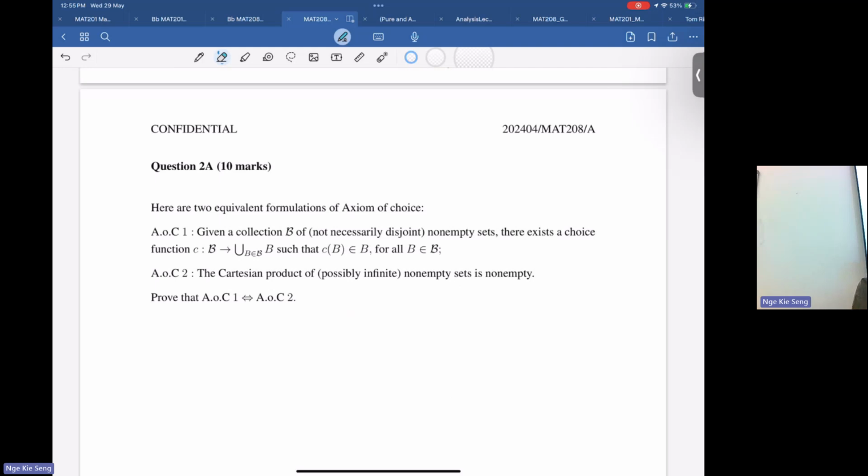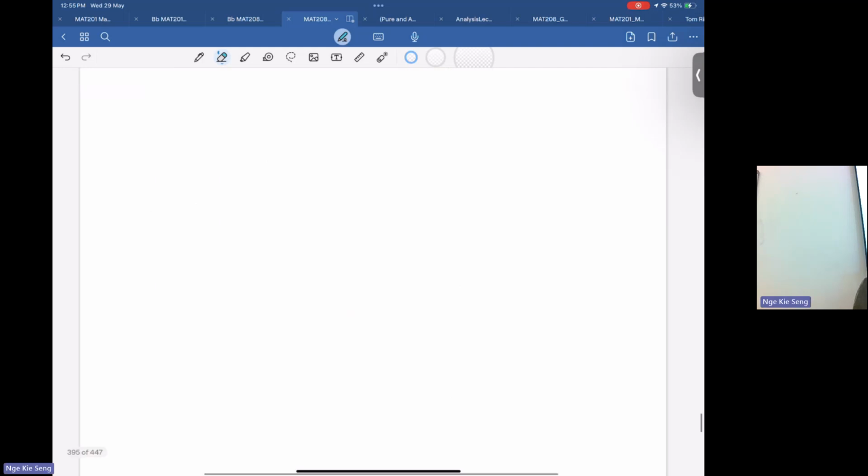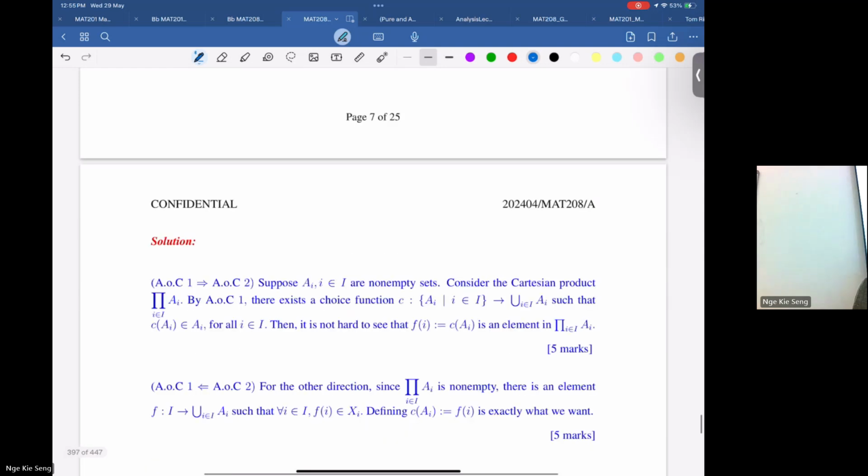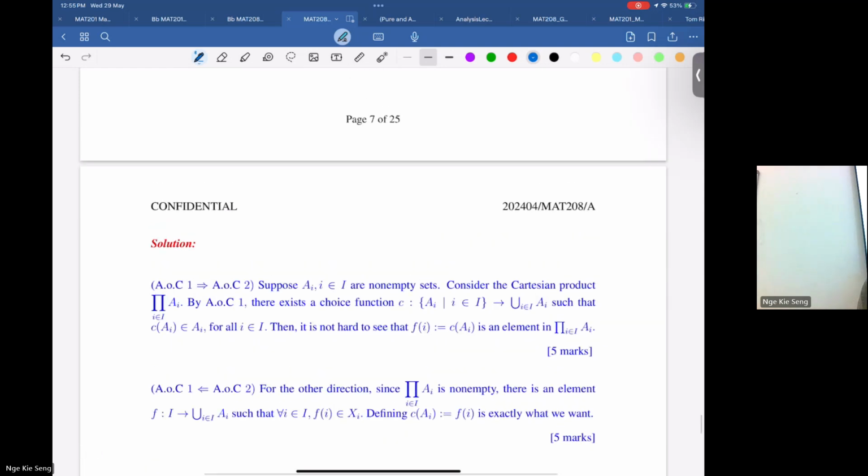So if you have a Cartesian product of sets A1 up to, say, AJ, how do you build an element in the Cartesian product? How do you define it?